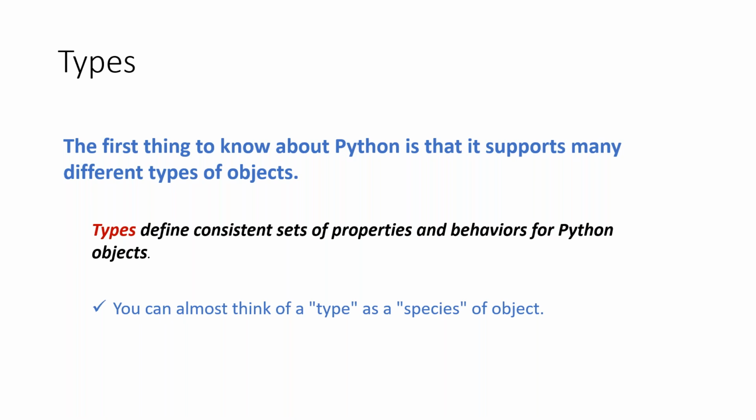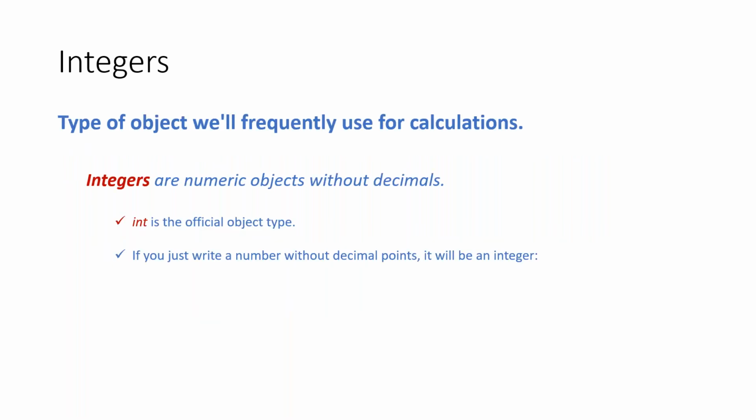Everything will have a consistent set of properties and behaviors. So you can almost think of a type as a species of an object. Sometimes you are working in a large program with a lot of objects, and a lot of times you will have a question: what is the type of this object? Based on your knowledge of the type, you can do some things and you cannot do others. So typically we do a type check.